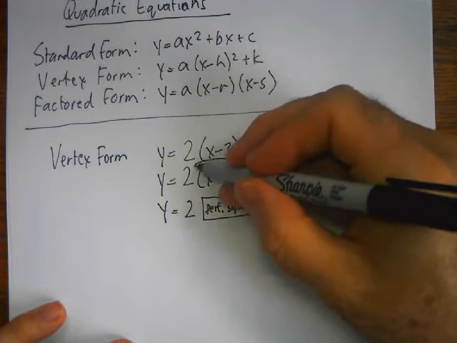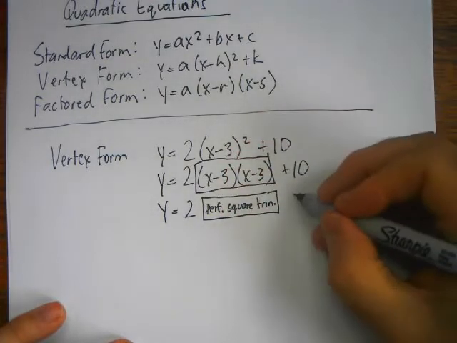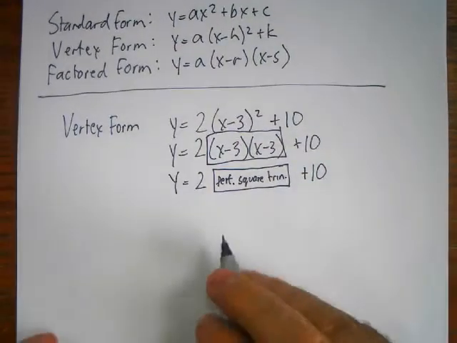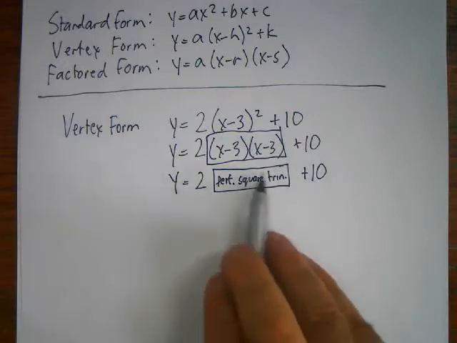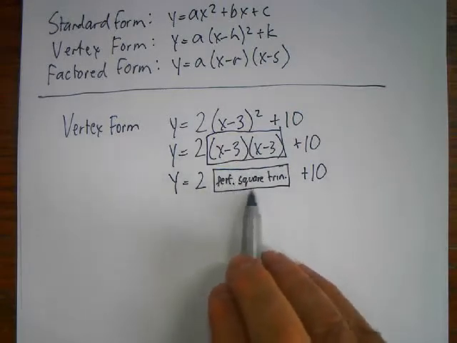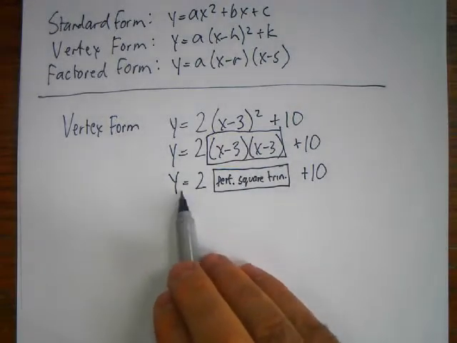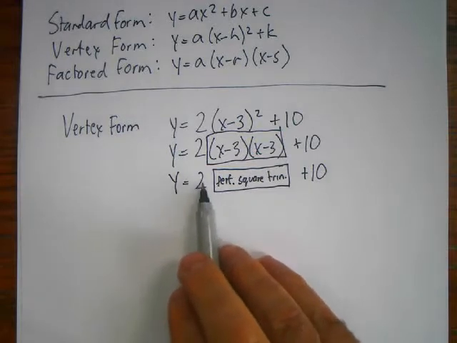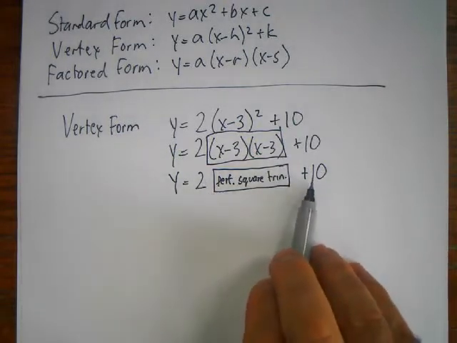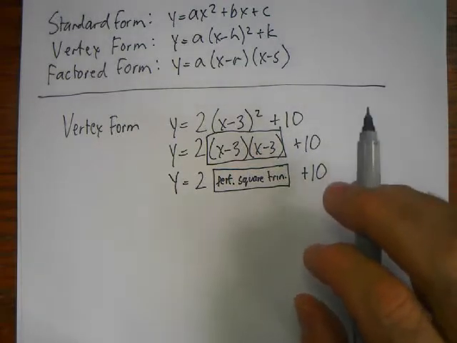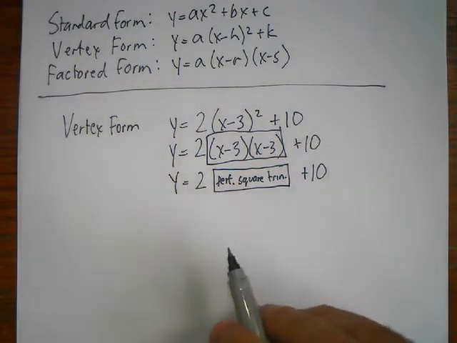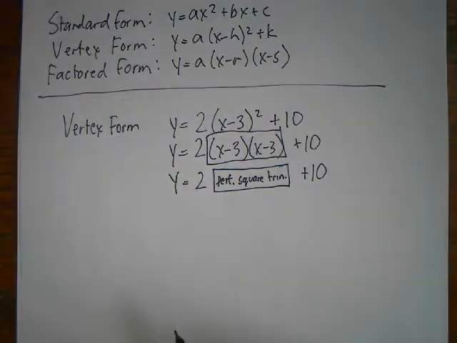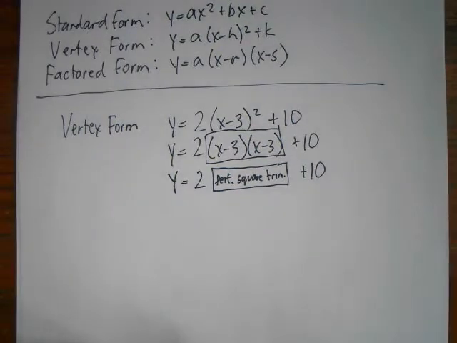So that's what this is. I'm not actually going to multiply this out. I just want to show you that vertex form is basically the a value times a perfect square trinomial plus another value. We're going to take advantage of that knowledge when we do completing the square.